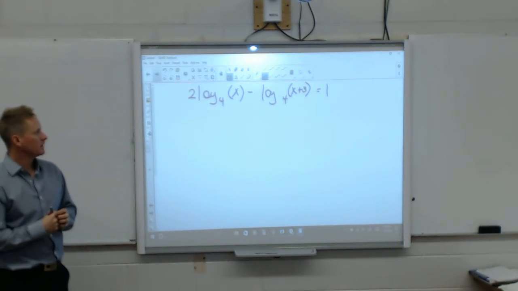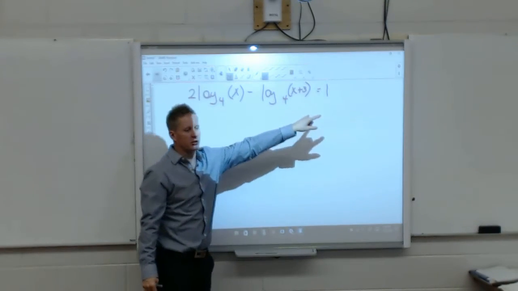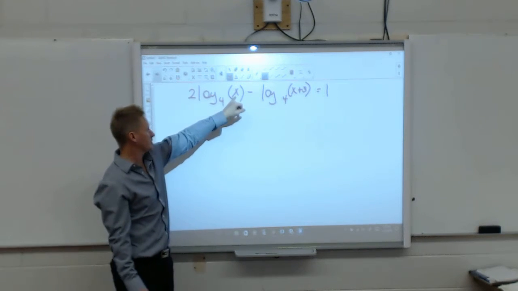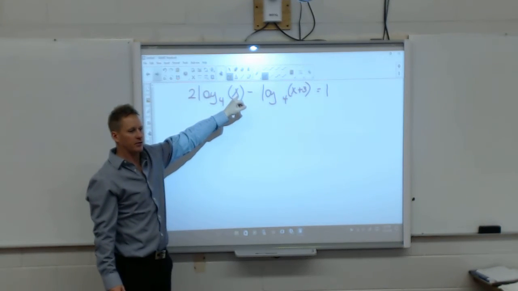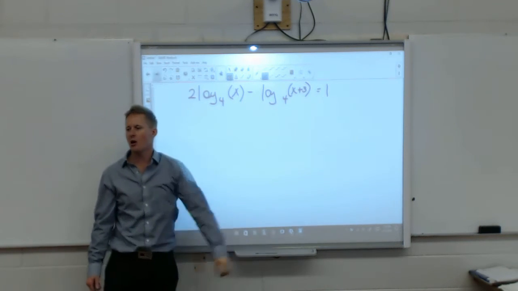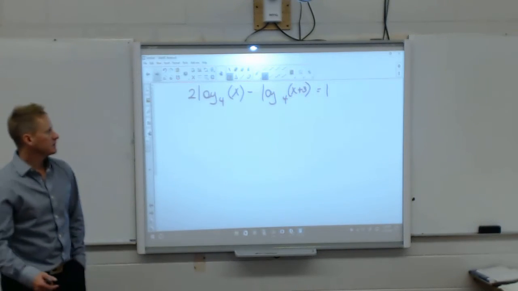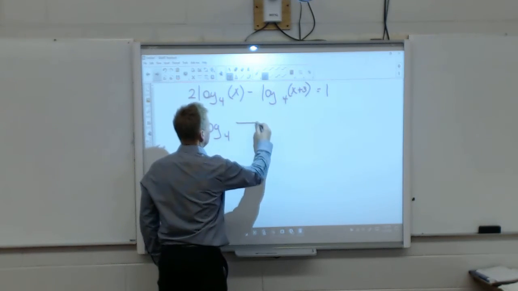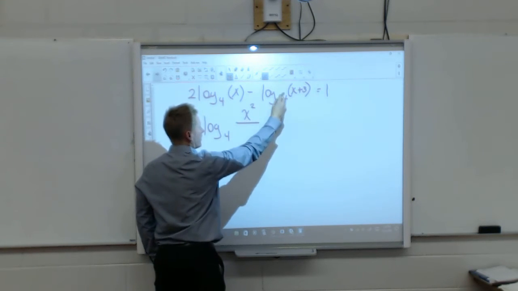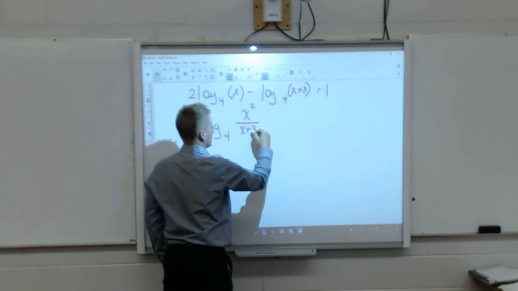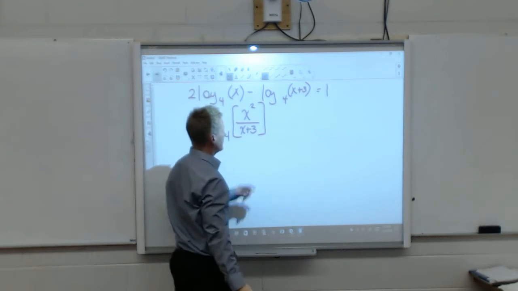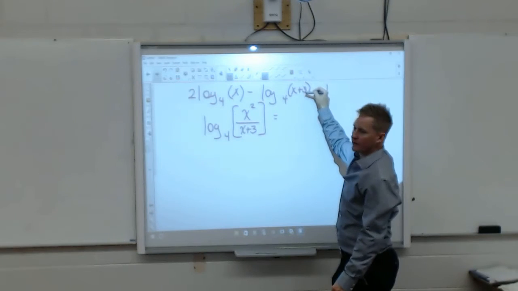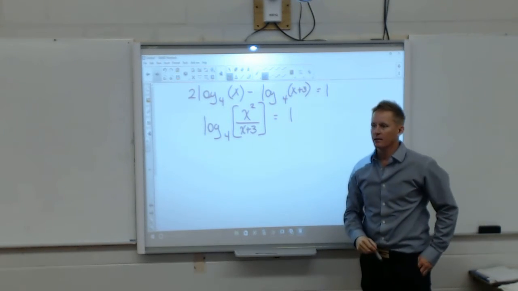So here's what I'm going to do. When I get into this situation, when the variable is with a logarithm, I want to turn it into a single log and change it to exponential. So quickly to do that, log base 4 of x squared over x plus 3, because it's subtract, it goes that over that, equals 1.